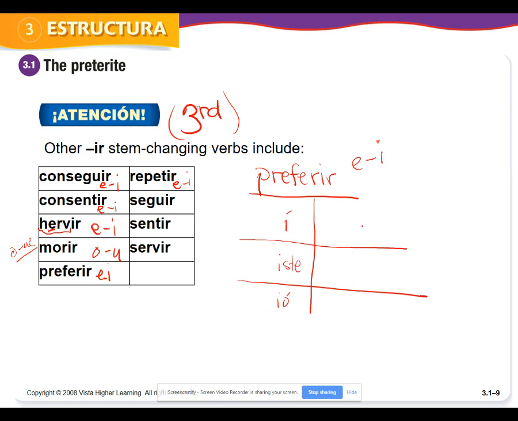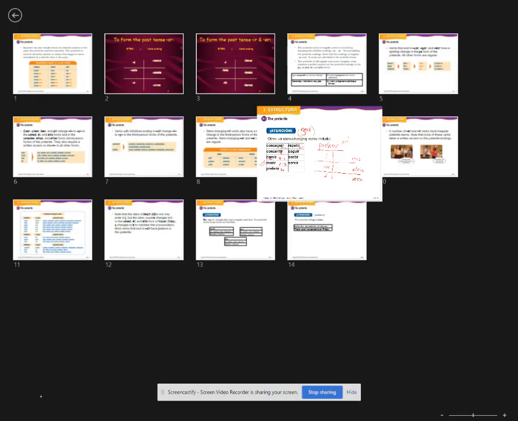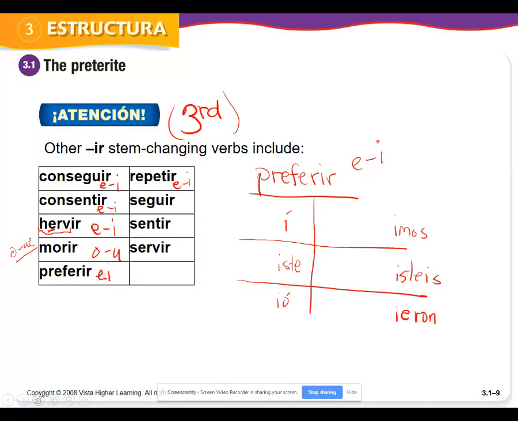ió, imos, isteis, and ieron. All right, let me go ahead and change the pen color here so we can do the stem.